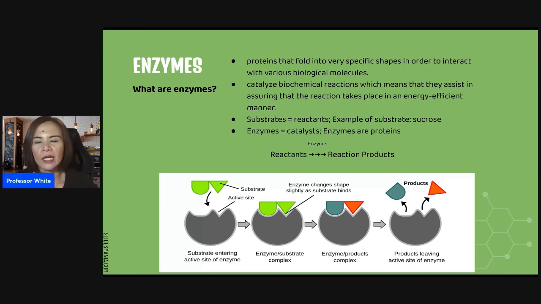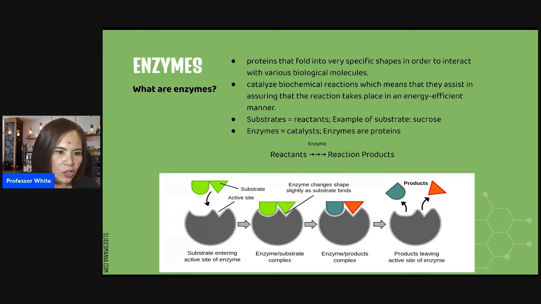Enzymes do not add to any products, but instead they are just helpers. When you say substrates, substrates are reactants. An example would be sucrose, a disaccharide carbohydrate. And enzymes, as I mentioned earlier, are also called catalysts, and enzymes are proteins.